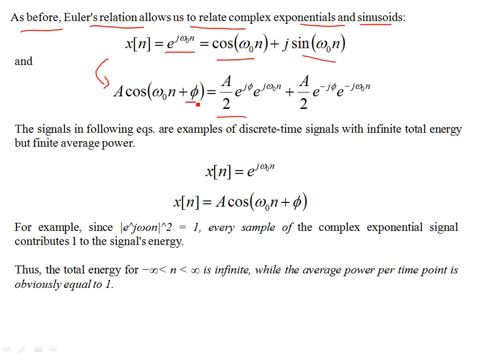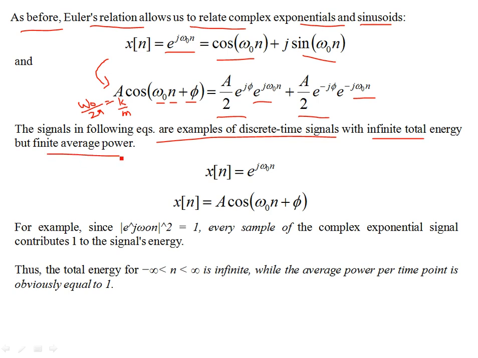If you introduce in general the phase phi, in radians, omega naught is in radians, and n is again a dimensionless quantity. The amplitudes over here are complex, but the frequency of these two terms is again omega naught. For this discrete time sinusoid to be periodic, the condition is that omega naught by 2 pi be a ratio of two integers, k by m, and not otherwise.